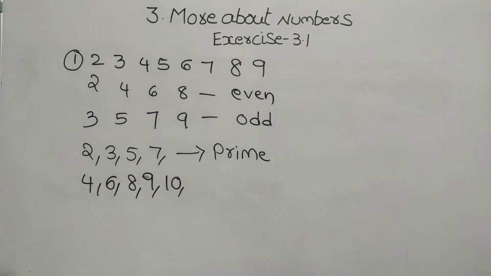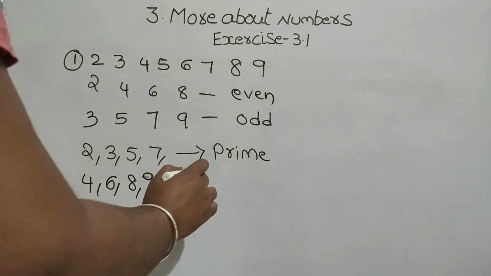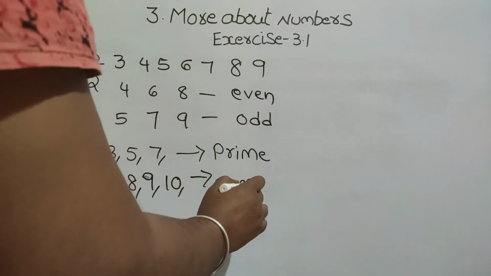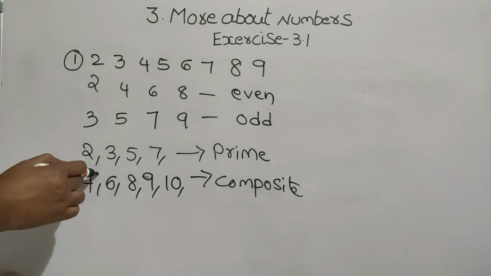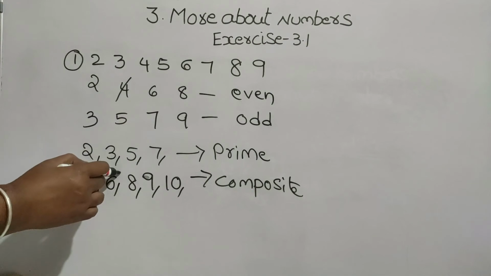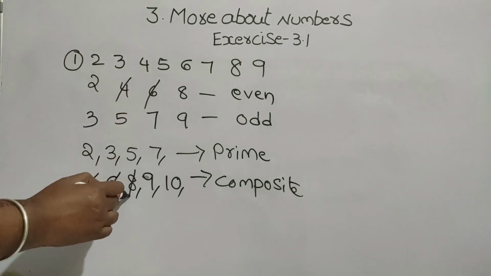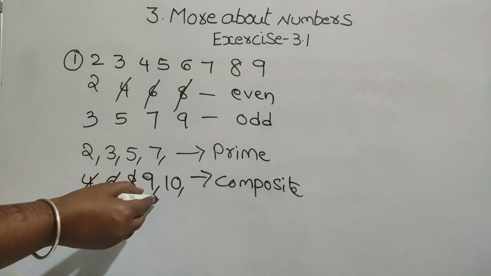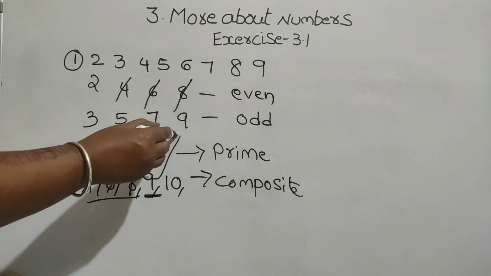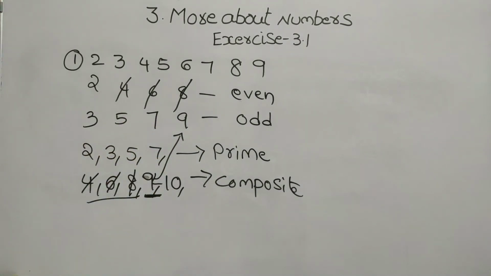These are composite numbers. 4 is an even number, 6 is an even number, 8 is an even number, so we cancel them. 9 is a composite number and an odd number. So this is the number they asked for. The smallest composite odd number is 9. This ends this question.